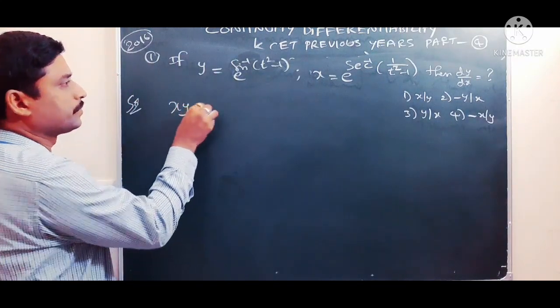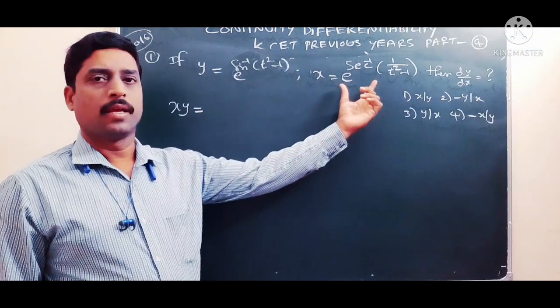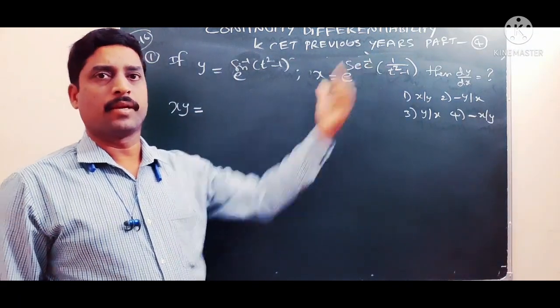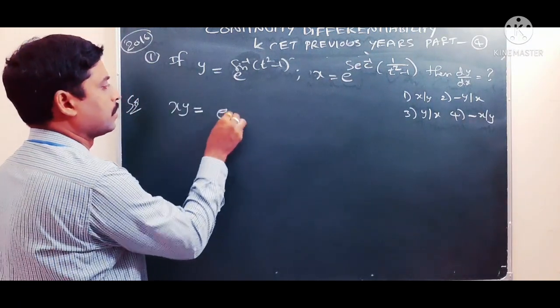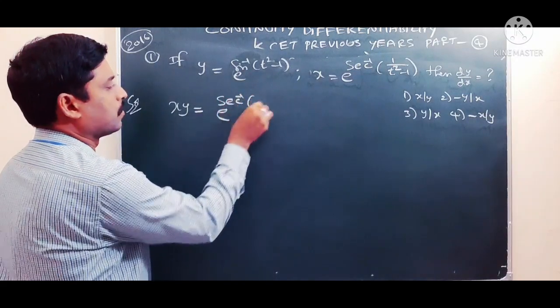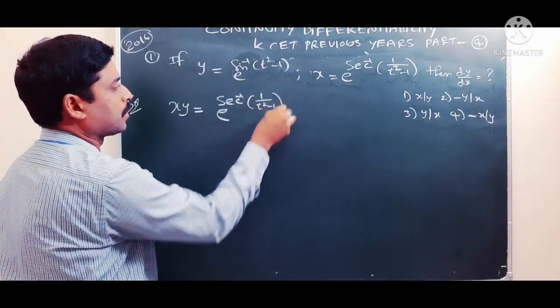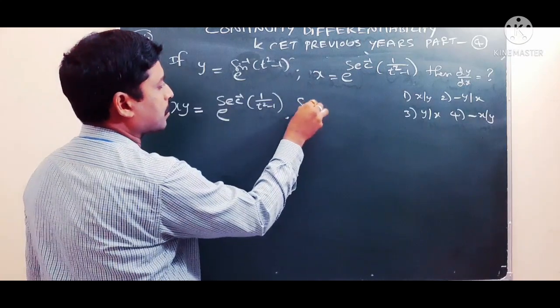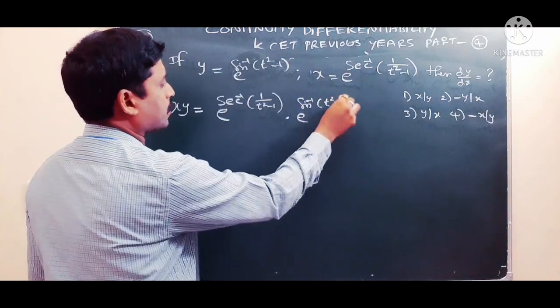xy is equal to, so what is the x value? e to the power secant inverse 1 by t square minus 1, into e to the power sin inverse of t square minus 1.